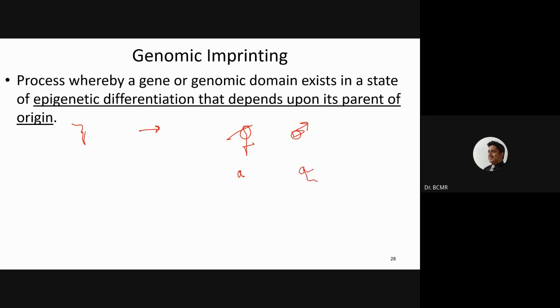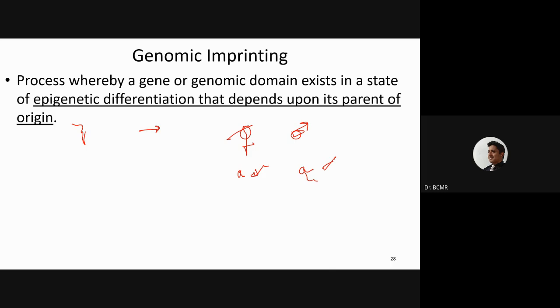And they may be expressed from both the genes. Okay, expression may happen from both alleles. In some cases, expression may happen only from one of the alleles, either mother or father, randomly. And there are some genes where expression will happen only from the maternal allele, or only from the paternal allele.